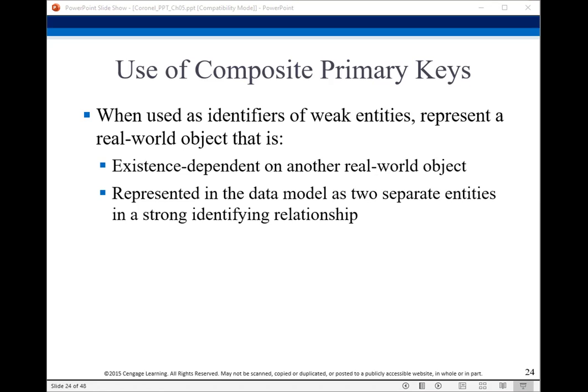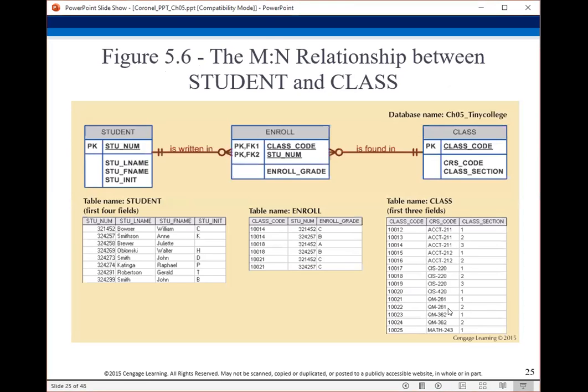Each record will have the primary key of the student involved in the enrollment and the primary key of the class involved in the enrollment. And together those two become the composite primary key of enrollment. And we can see an example of this here.